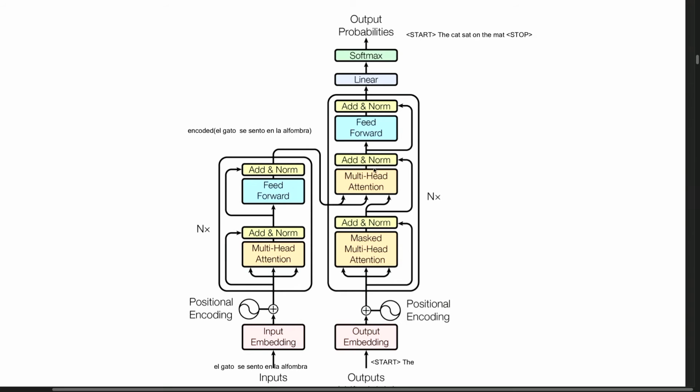Remember that the interaction between the two languages is always here, in the cross attention, this one here. If here you had a normal attention, it means that when you're training, you pass both the whole sentence, in English and in Spanish. The cat sat on the mat.